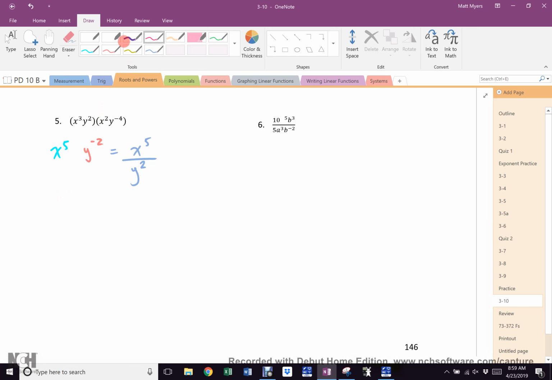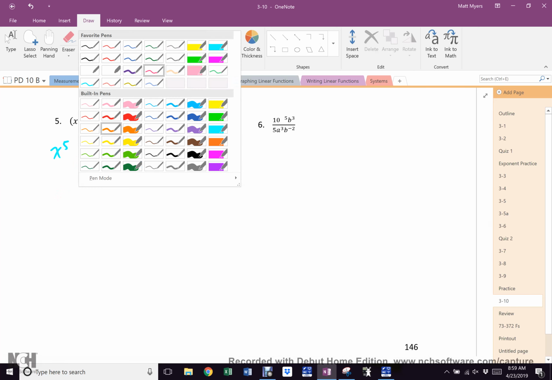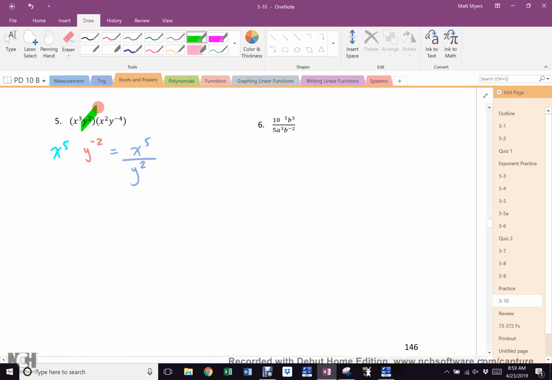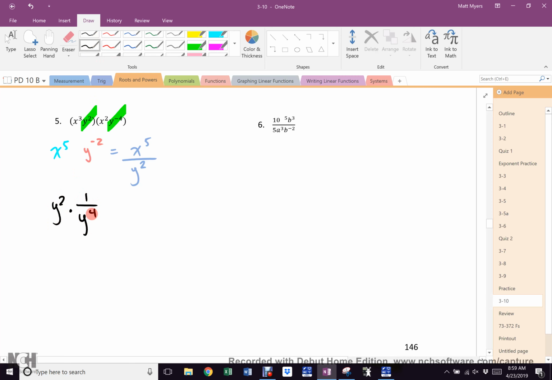We only care about the y's, right? Right? So this is y squared times 1 over y to the 4th, correct? Because the negative exponent reciprocates the base.